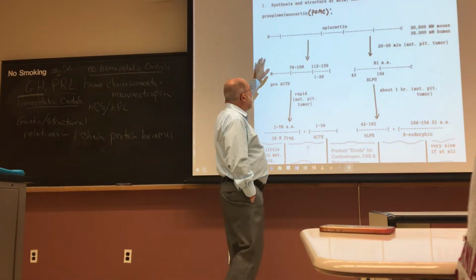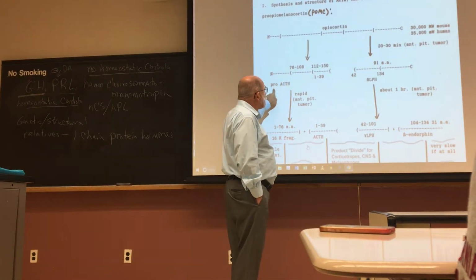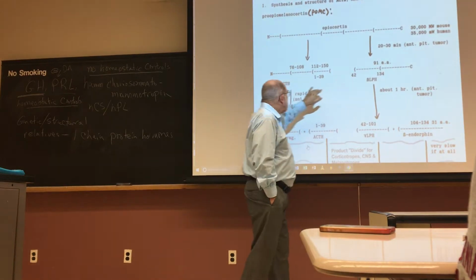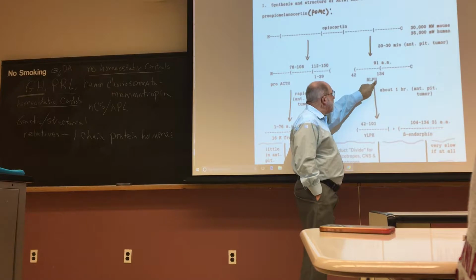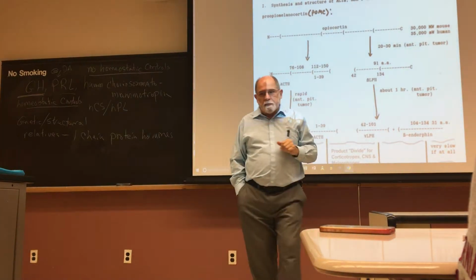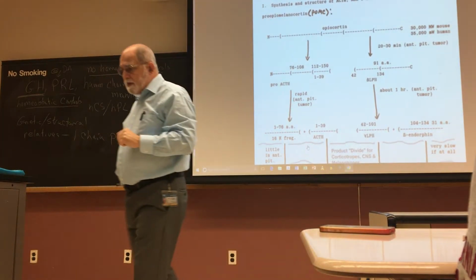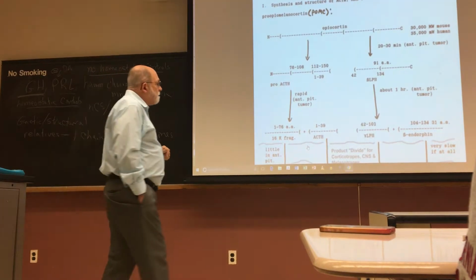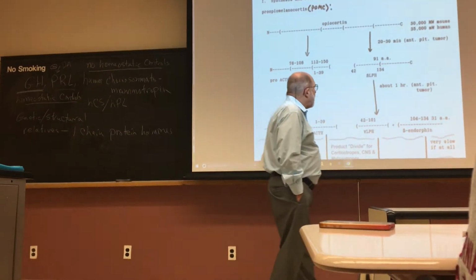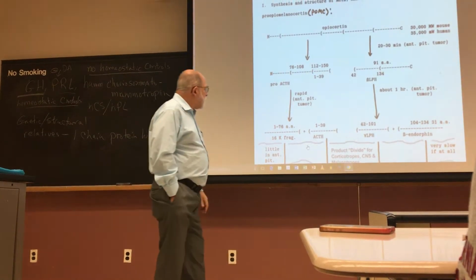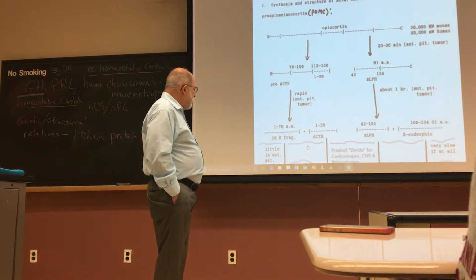So pro-opiomelanocortin gets cleaved initially into two pieces, pro-ACTH and beta-lipotropin. Beta-lipotropin has some effect on fatty acid metabolism, but it's not really a primary controller even of that metabolism.